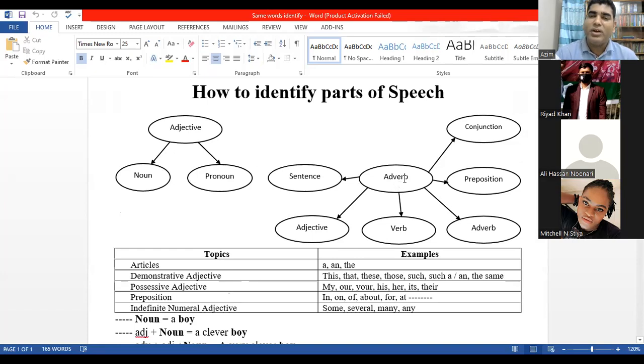And when a word gives more meaning to an adjective, verb, adverb, preposition, conjunction, or to the whole sentence, then the word will be an adverb. And you can remember it very easily. When the word modifies a noun or pronoun, the word will be an adjective. And if the word doesn't modify a noun or pronoun, then of course the word will be an adverb. This is number 1 technique.